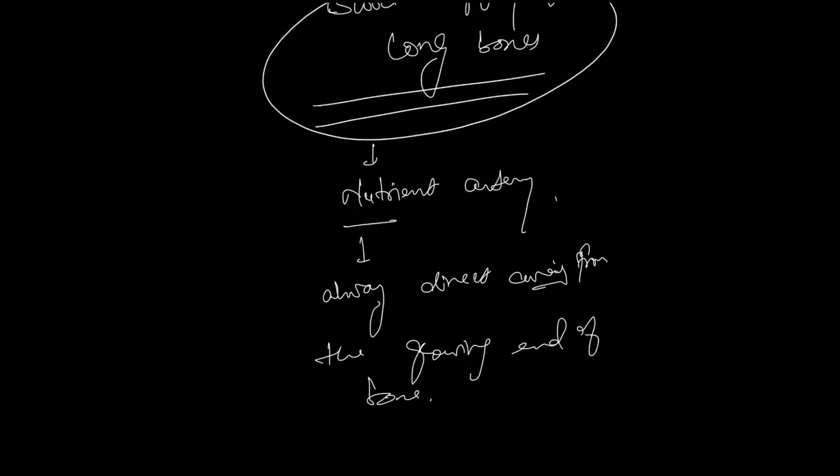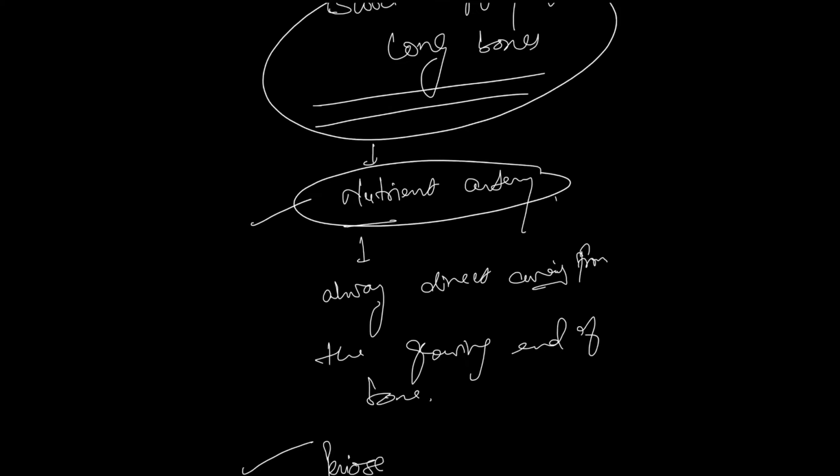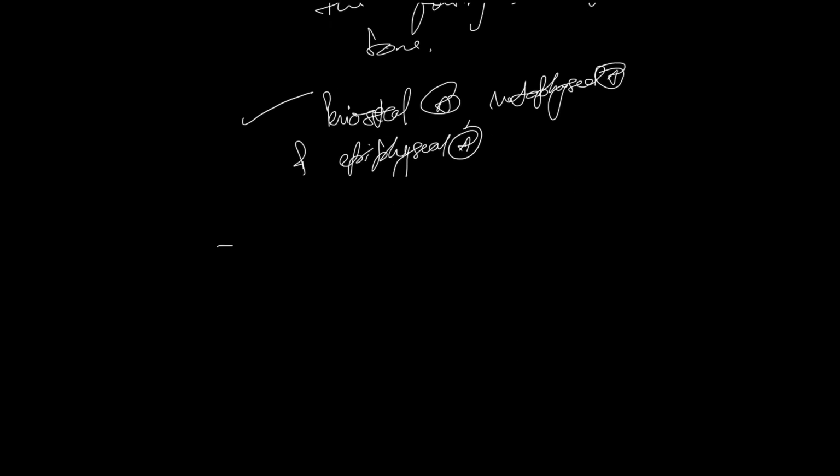Okay. Nutrient artery also supplies some other arteries like periosteal artery, metaphyseal artery, and epiphyseal artery. These are the blood supply for long bones.